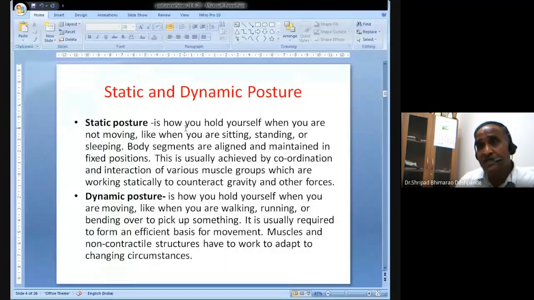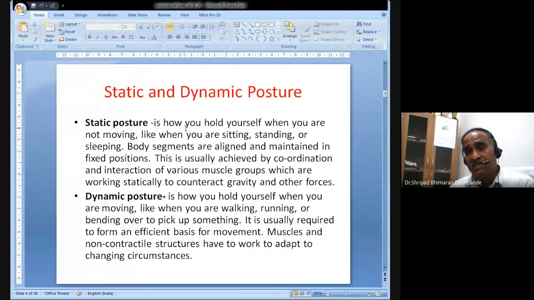Or running, which is a little faster than walking in terms of bodily positions. Or you are bending over to pick up something, which is also a change, because you don't want to fall down when you bend and take a pen which has fallen down. It is usually required to form an efficient basis of movement.